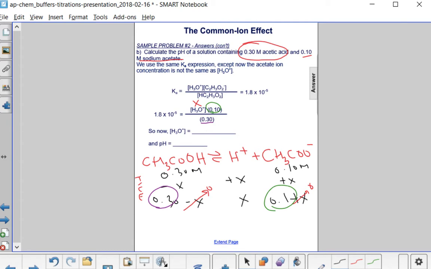We solve for X, or H3O plus concentration, and we get 5.4 times 10 to the minus 5. And the minus log of that gives us a pH of 4.27.